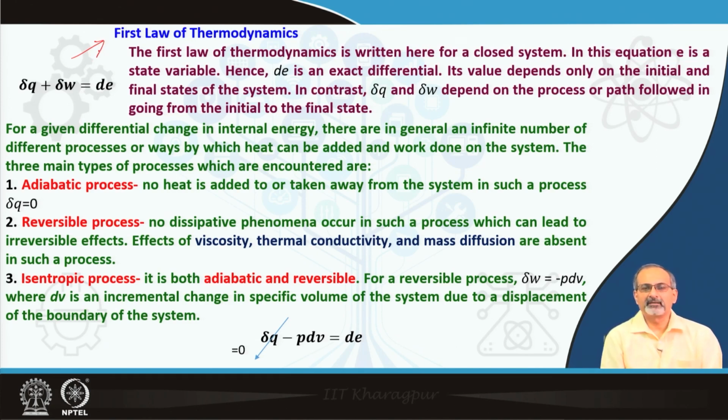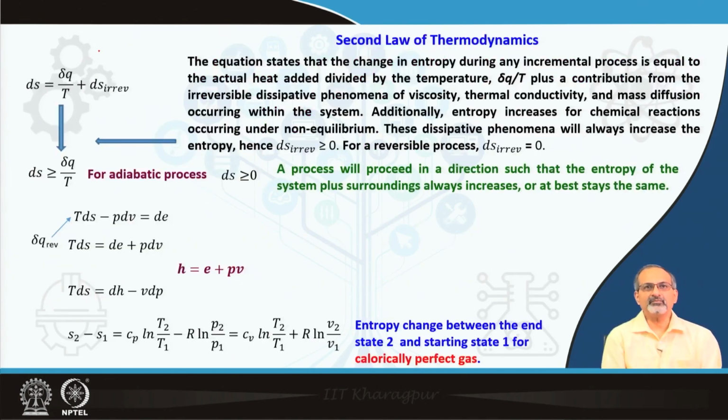The del W expression has to be plugged into the first law equation, while del Q is equal to 0, and thereby you have the expression for the first law in an isentropic process as shown below. So, those are some of the basics associated with the first law.